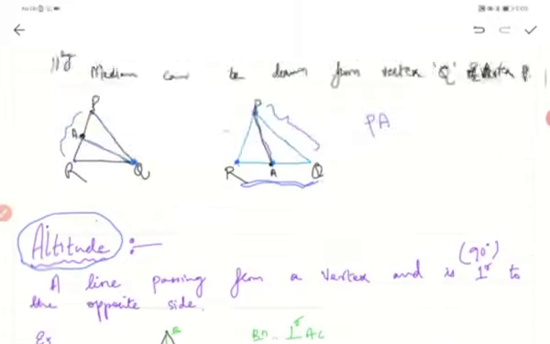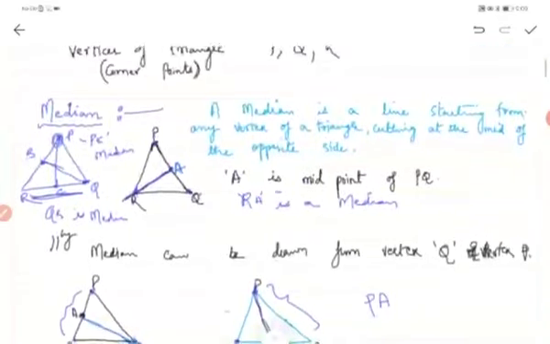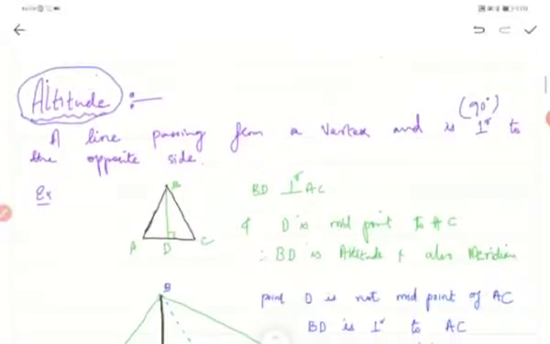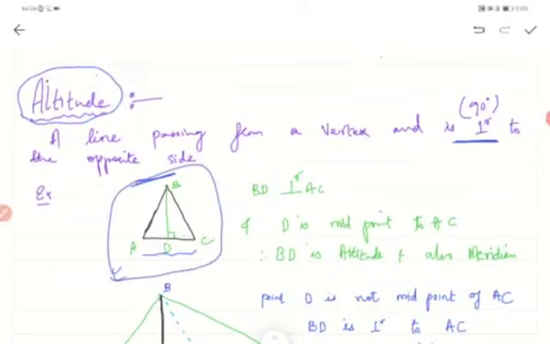In median, what we had seen is it is cutting at the midpoint of the opposite side, but here the important thing you need to note is it is perpendicular. So a line which is passing from any vertex and is perpendicular to the opposite side, you call that line as altitude.